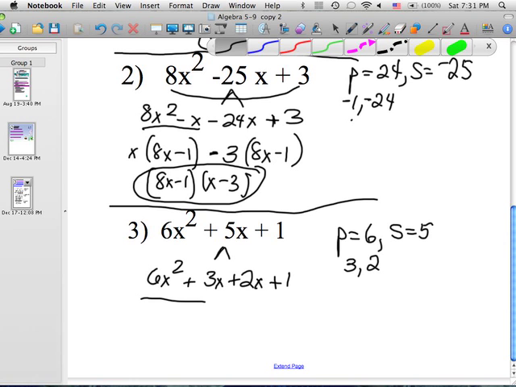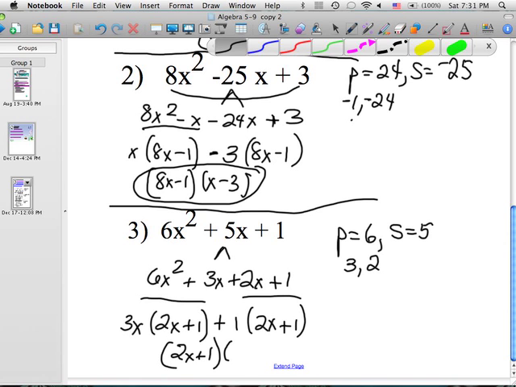Then I pair them up, and from the first pair I take out 3x. That leaves me 2x plus 1. And the signs are the same, positive, positive, positive, positive, so I take out a positive 1, and that leaves me 2x plus 1. So my factors are 2x plus 1 and 3x plus 1.